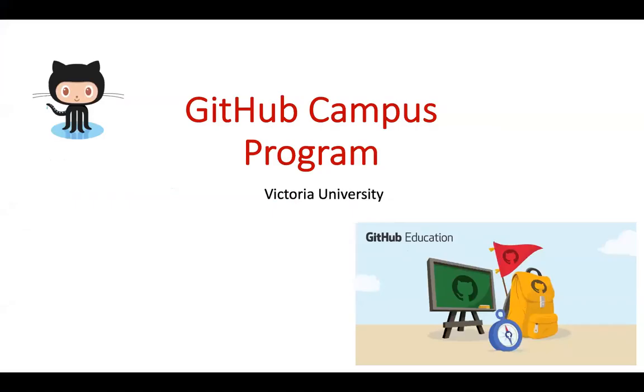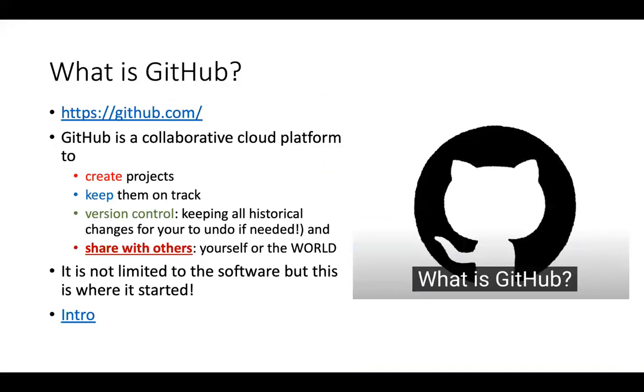So let's start. This is the GitHub Campus program, and GitHub. What's GitHub? GitHub is a collaborative cloud platform. This is where you can create projects, where you can keep track of those projects, and the most important part of GitHub is that it's using Git, which allows you to do version control, which means that it allows you to undo the changes that you make to your project at any point in time.